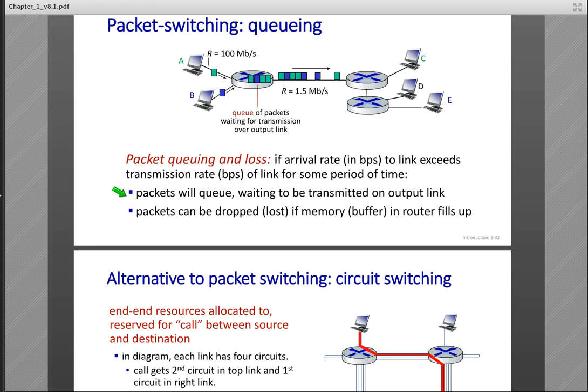And after that, the queue cannot accept new packets. It's very important. When the queue becomes full, the rest of the new arriving packets would be dropped. They would be lost. We lose some packets because the queue is full.